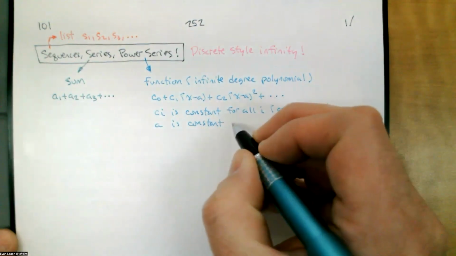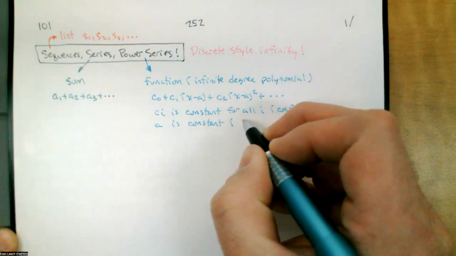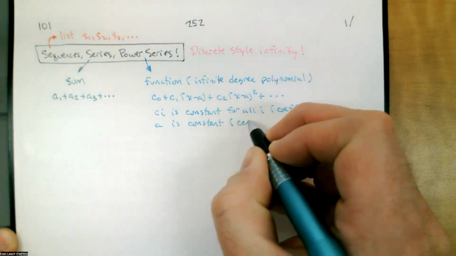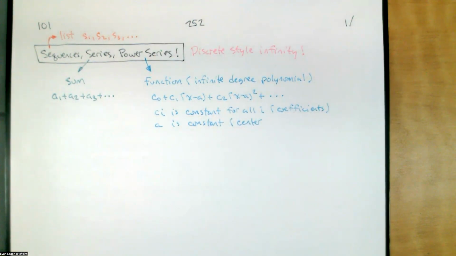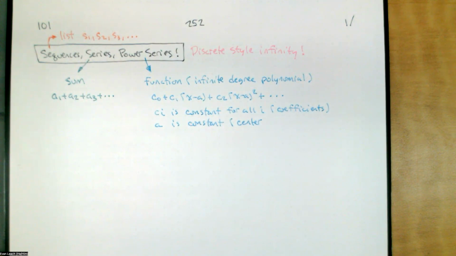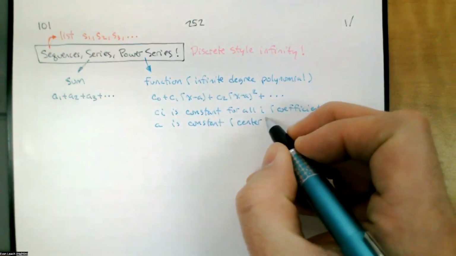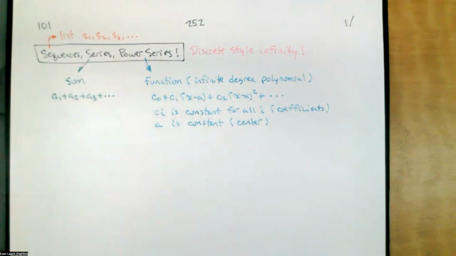I'm not sure where I picked this up, but that's the language that I use. Actually, I refer to it this way because a is going to be the center of the interval of convergence. So I'm going to refer to it as the center. So I guess I do know where I picked this up.